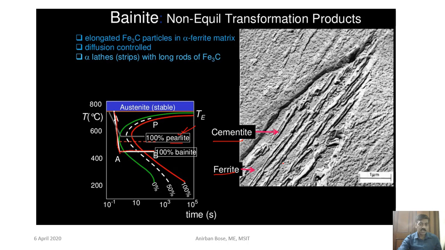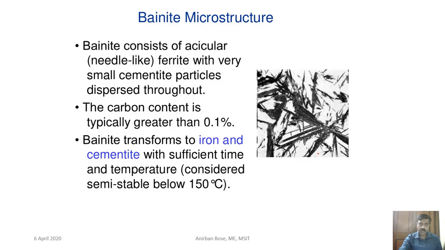So it is a very fine structure, and in terms of mechanical properties definitely it will be stronger than even fine pearlite. So bainitic structure, I have already told you, is a needle-like structure, and small cementite particles are also present, and this is what is called acicular bainite.